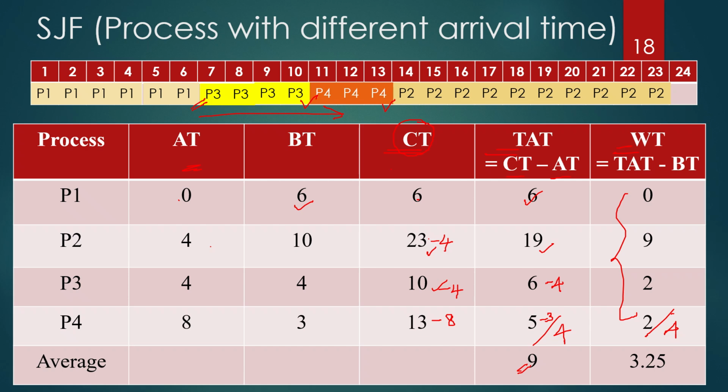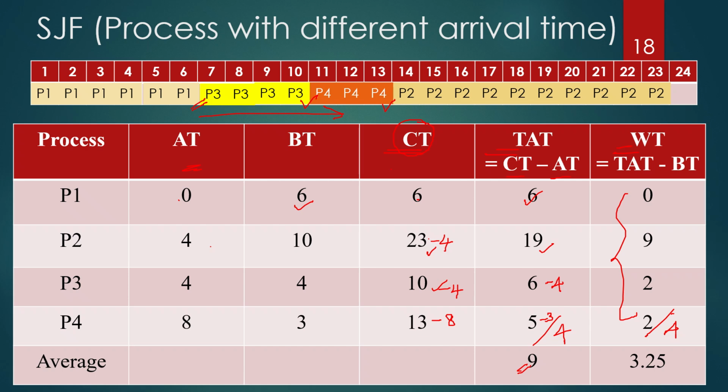Hope you all have understood what shortest job first is. So now we have seen shortest job first with different arrival time and the same arrival time, as it is non-preemptive. This shortest job first process remains the same for both the same arrival time processes and also the different arrival time processes. So we don't have any differences between the non-preemptive shortest job first with different arrival time and same arrival time.